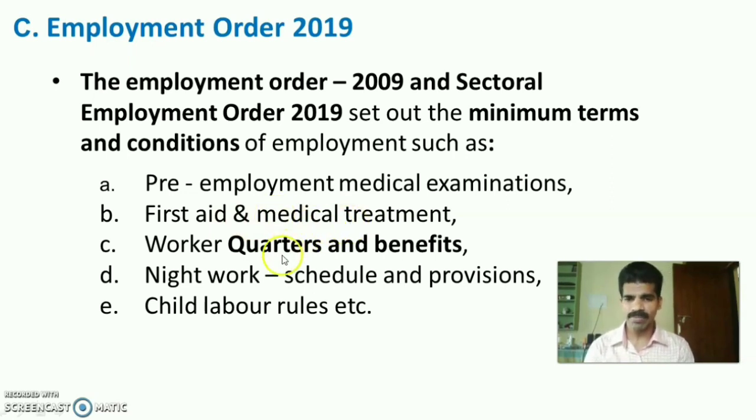Then provision of quotas for the workers and other benefits for the welfare of the workers. Then regarding night work, the schedule of night work and provision for night work, etc. are also mentioned in the Employment Order 2019. Then it also mentions child labor rules, etc. for the welfare, protection and promotion of the employee.